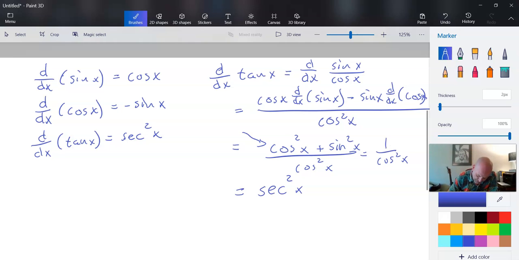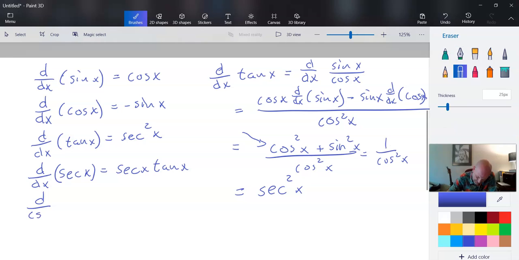And what you end up with for the other two derivatives, let's see, d/dx of secant x is secant tangent. And the derivative of cosecant x, oh, actually I have to finish writing the derivative part of this.